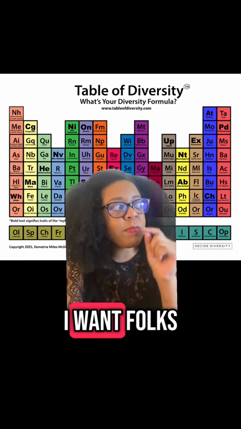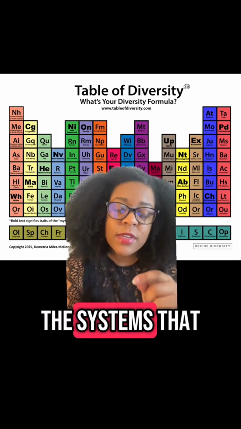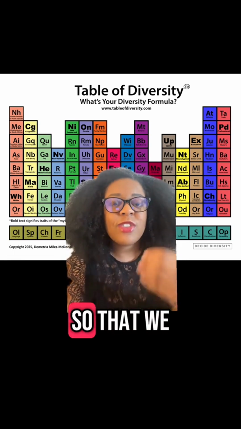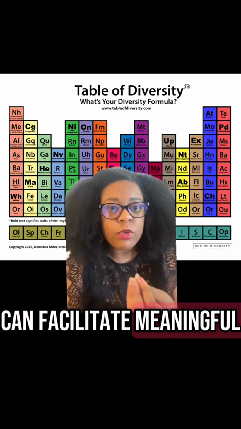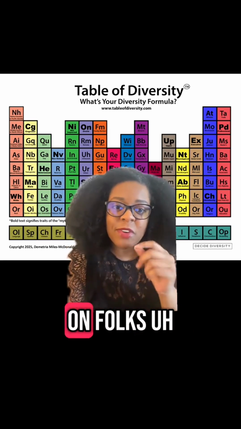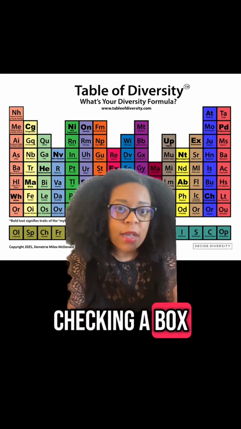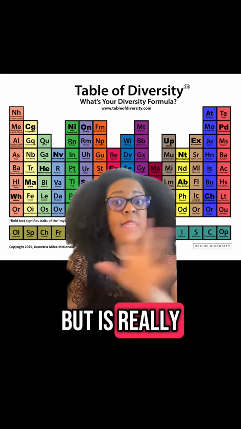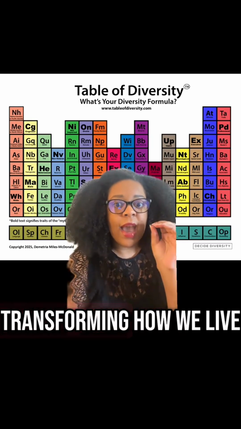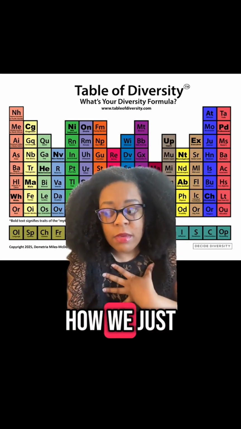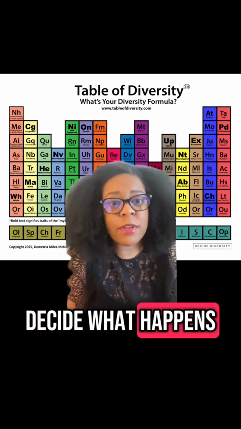I want folks to focus on the systems that we just are living and existing within so that we can facilitate meaningful change that is not just based on folks feeling good, checking a box, but is really transforming how we live, how we exist, how we just decide what happens on a day-to-day basis.